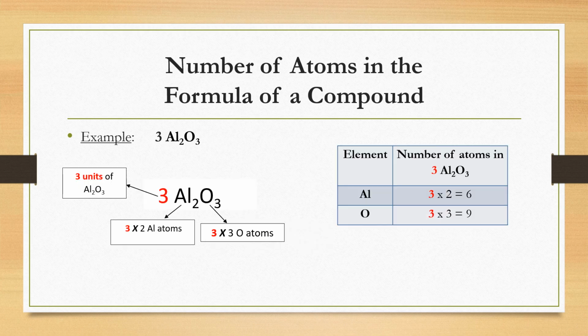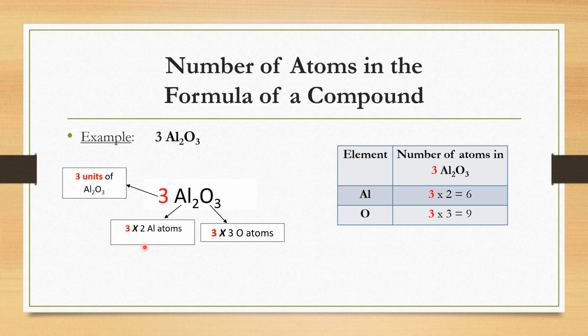Now, if you have 3 units of Al2O3, the total number of aluminium atoms will be 3 times 2. Remember, 3 is the number of aluminium oxide units and 2 is the number of aluminium atoms in 1 unit of Al2O3.